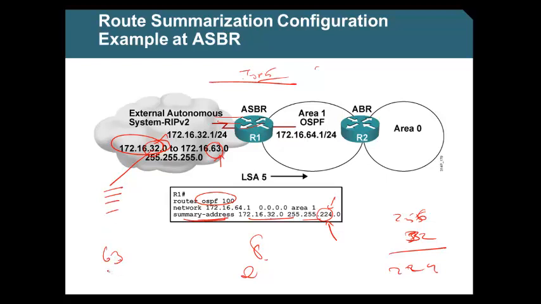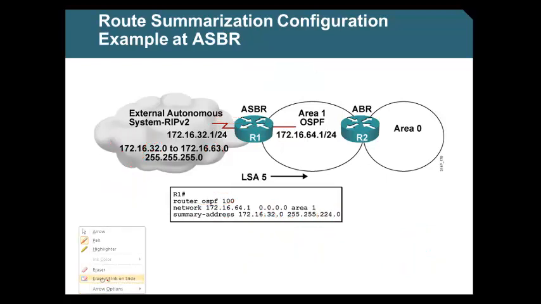All right, so you don't need to mention 63, just by putting the subnet here, the router will know that I need to summarize starting from 32 up to 63. Remember, the command is what? Summary address. So type 5 LSAs will now be reduced.